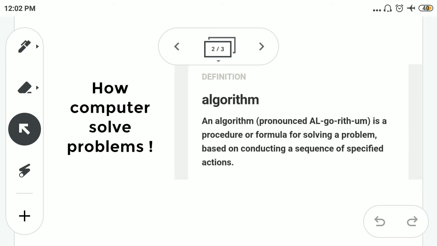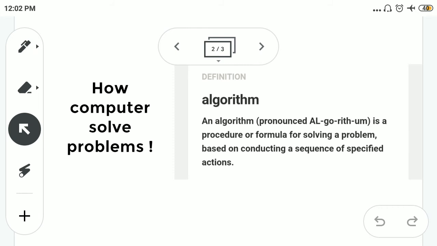The word itself is steps or a procedure or formulas, so that it is very easy to produce a solution for a problem.